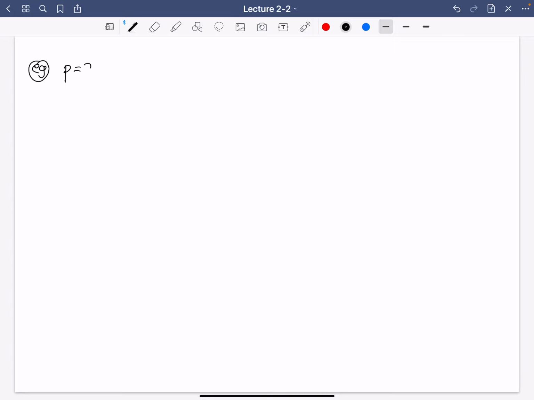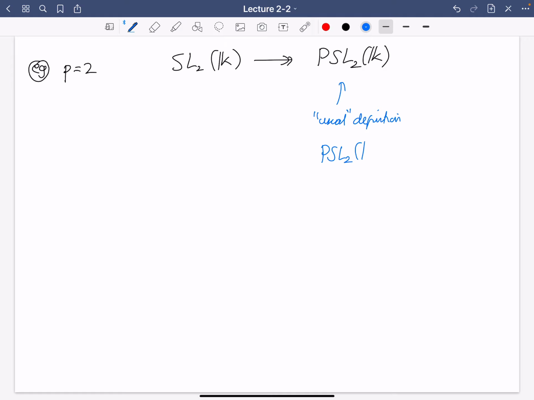Let's take characteristic 2. Then we've got the special linear group SL2 of K, and then there's PSL2 of K, the projective special linear group. The usual definition of PSL2 of K is SL2 of K quotiented out by the scalar matrices of determinant 1.